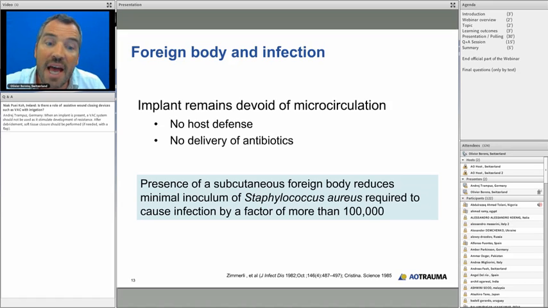They put a little foreign body under the forearm of med students, and they saw that it needed 100,000 times less bacteria to provoke an infection if there was a foreign body than if there was none. So the foreign body itself is already increasing the risk of having an infection.